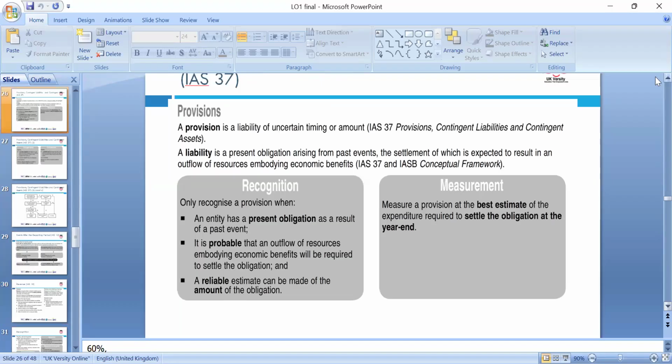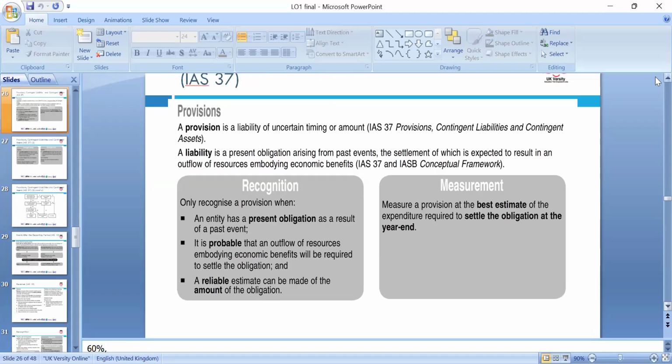Then IAS 37: a provision is a liability with uncertain timing. Take a contingent case like Facebook, the likelihood that Facebook loses a case over data breaches. We can recognize that in the books of account as a contingent liability.